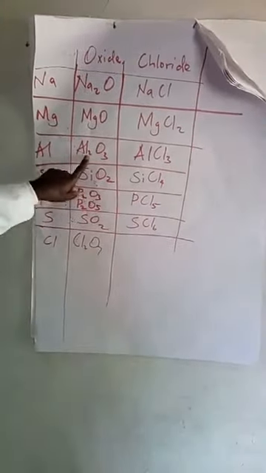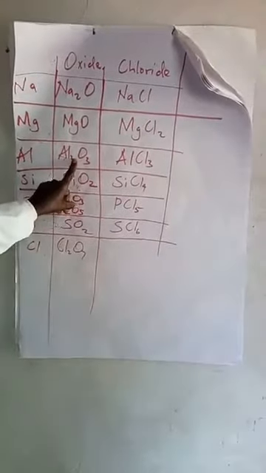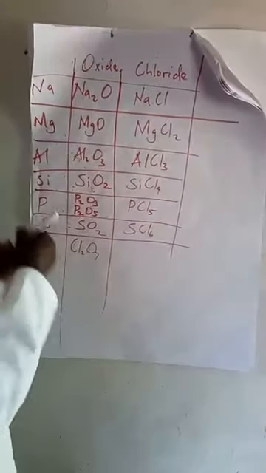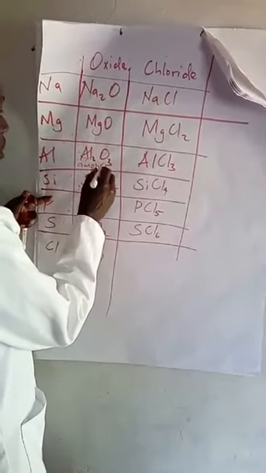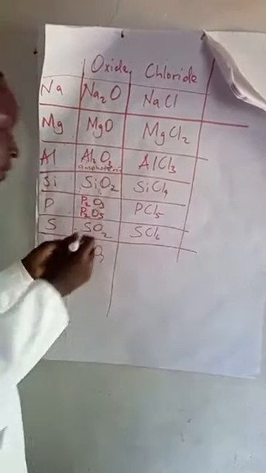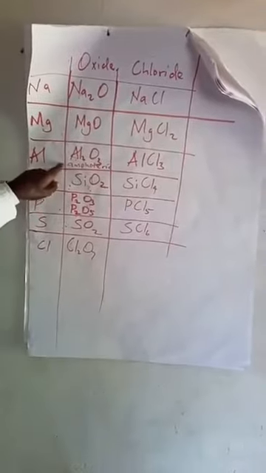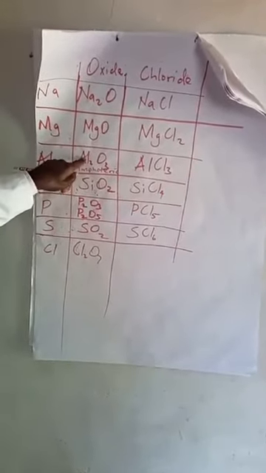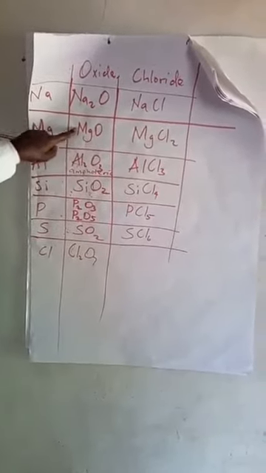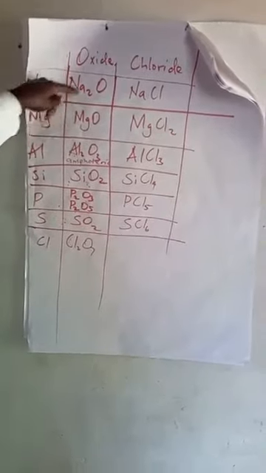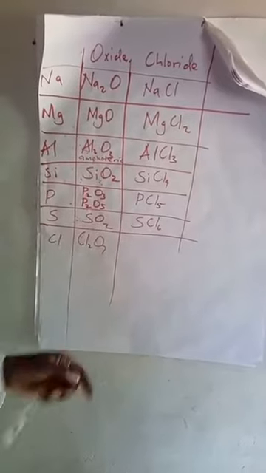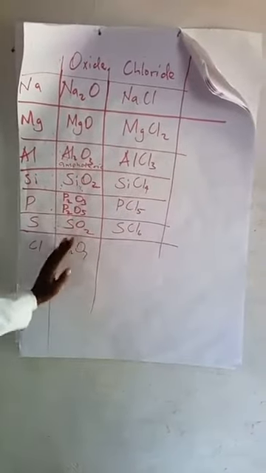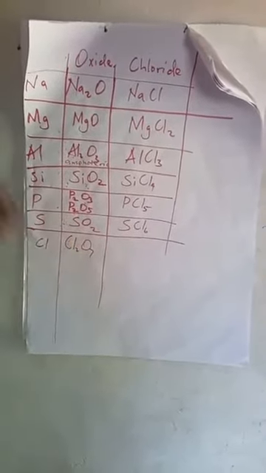Aluminium oxide is amphoteric, which means it displays both acidic and basic properties. Magnesium oxide is basic or alkaline. Sodium oxide is alkaline. These other oxides are acidic. They dissolve in water to form acidic solutions.